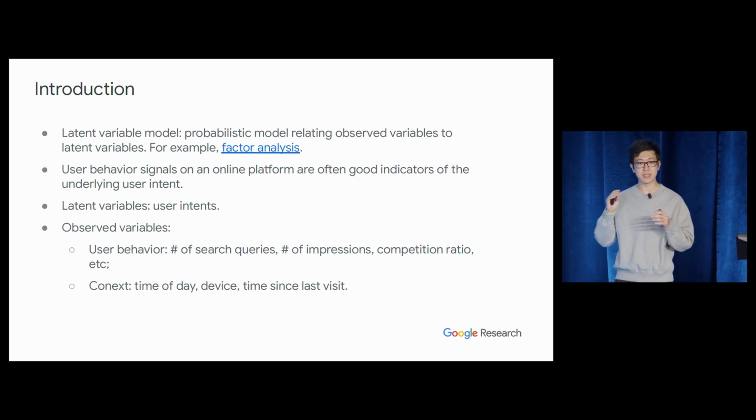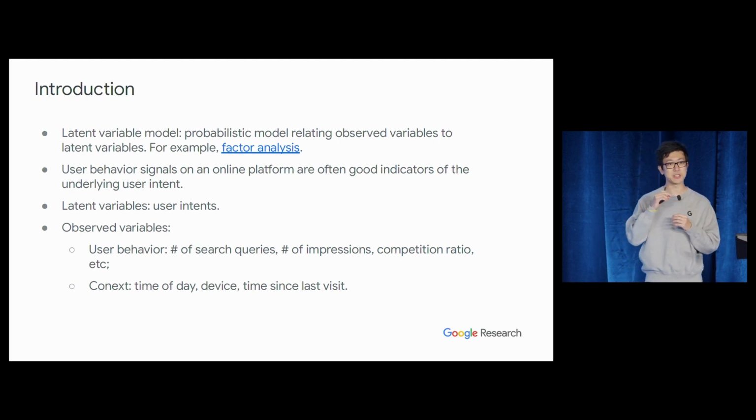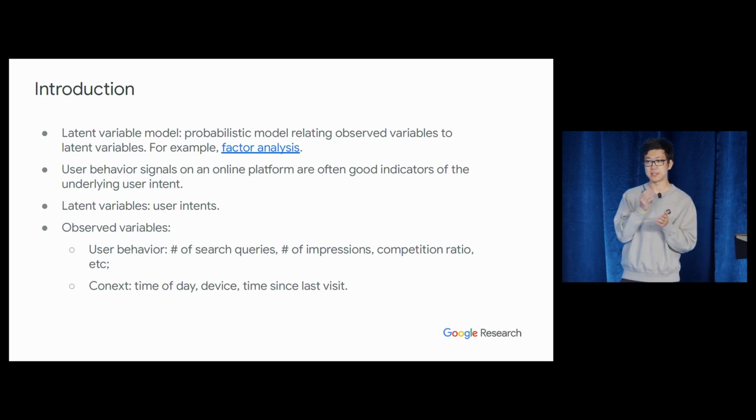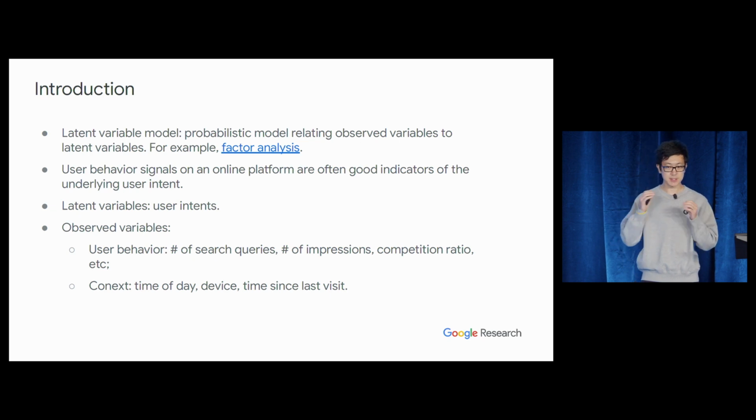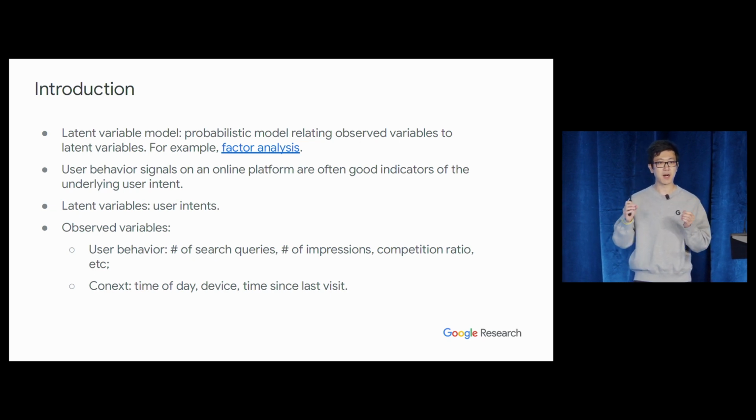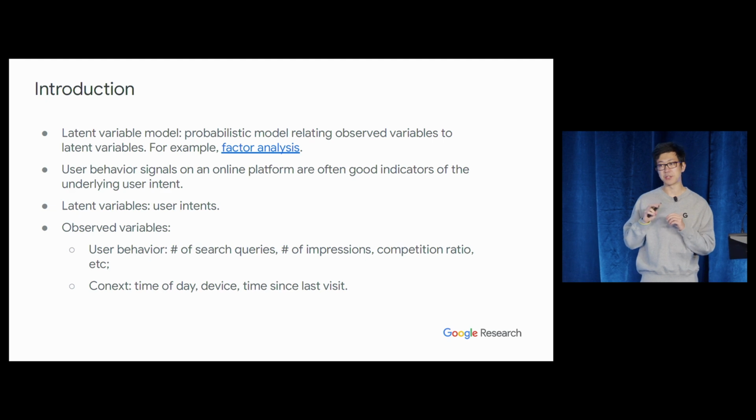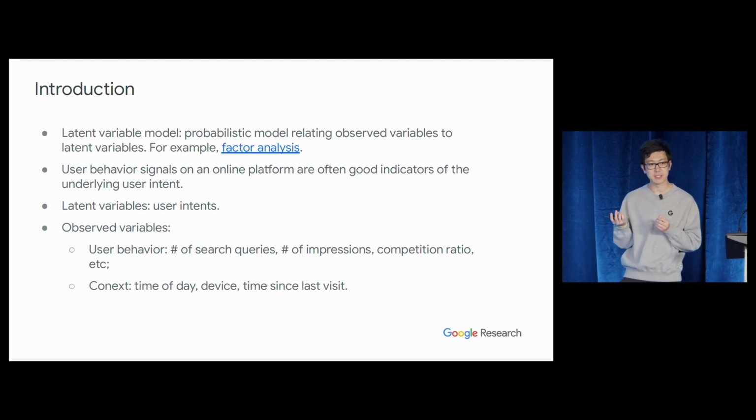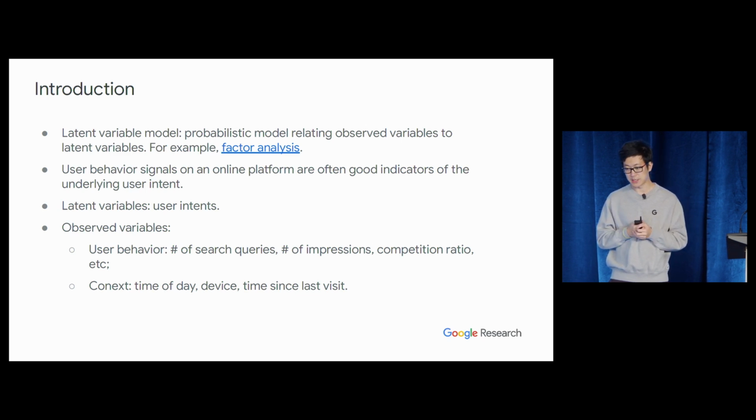Imagine you have a class of students, and for each student, you can observe their academic performance on, say, 10 different subjects. But you can make an assumption that the performance on those 10 subjects is actually dictated by, say, two latent factors: mathematical aptitude and reading aptitude. That's a commonly used assumption in social science.